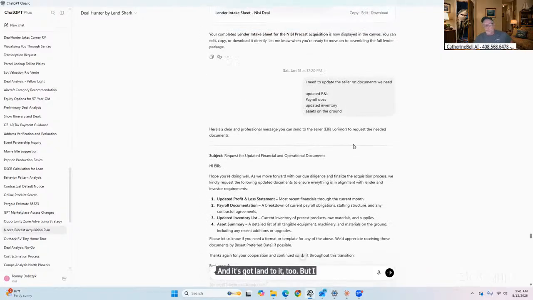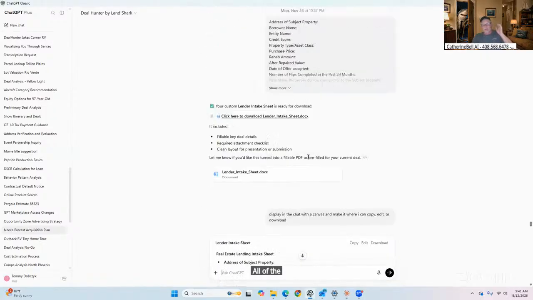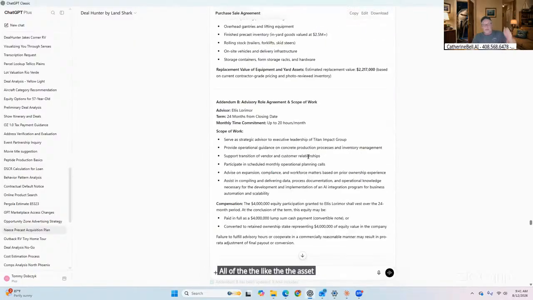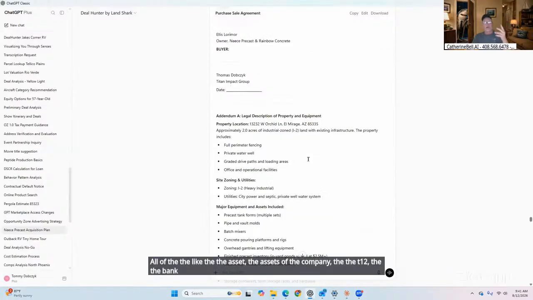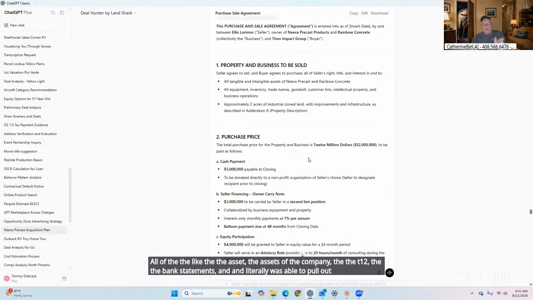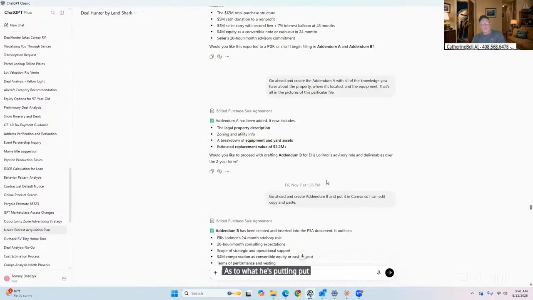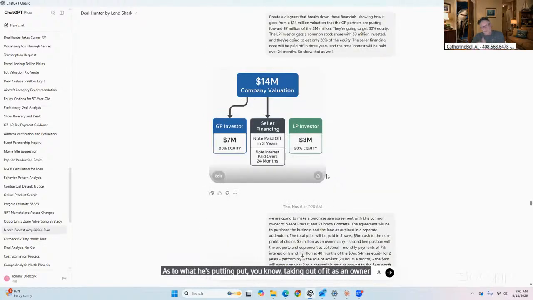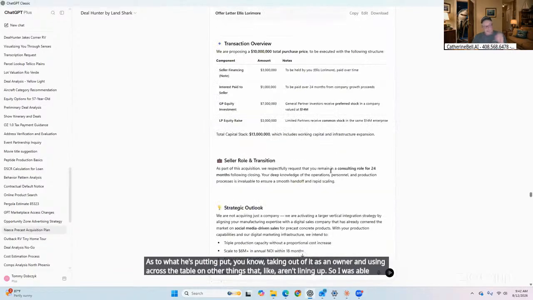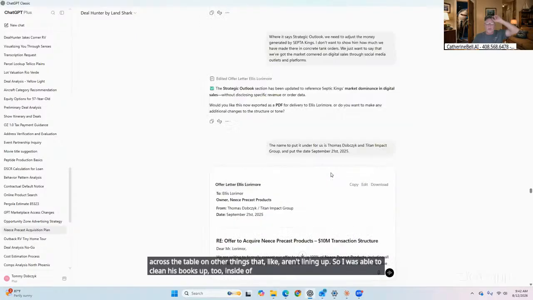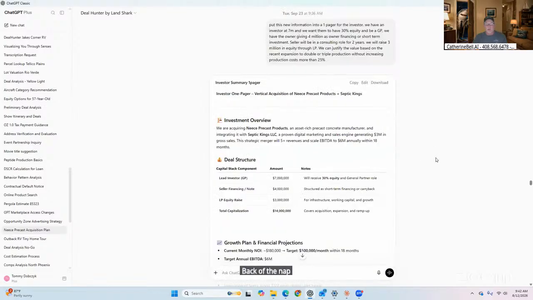I was able to import into this conversation the assets of the company, the T12, the bank statements, and was able to do an IRS audit on this guy as to what he's taking out of it as an owner and using across the table on other things that aren't lining up. I was able to clean his books up too by bringing it all in here and making sense of this back of the napkin concrete company.